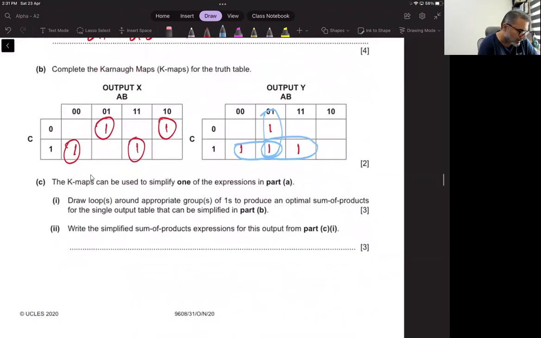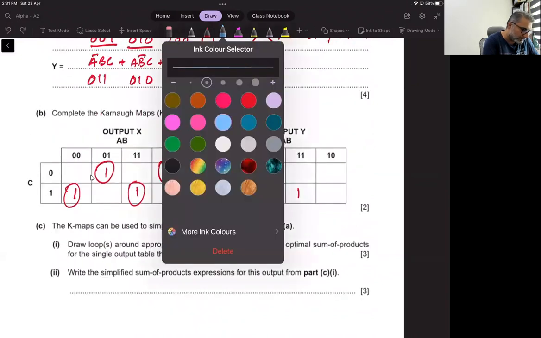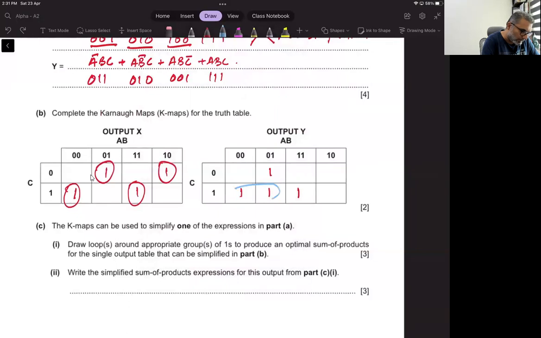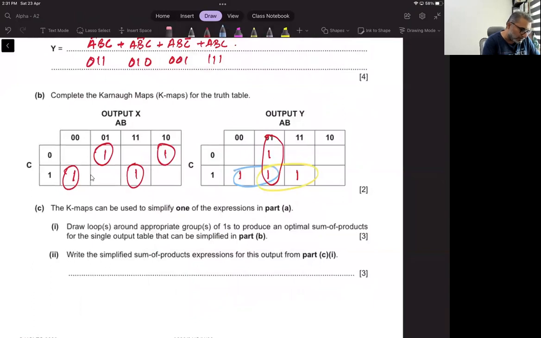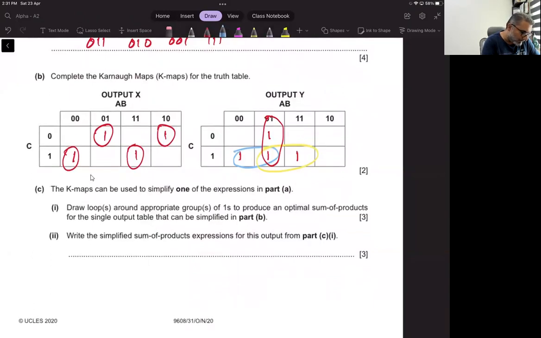So we have simplified it this way. Let me make three different colors. 1, 2, 3. Okay, so let's first do with the blue one, light blue one. A is same while B is changing, so we leave it. A is same while B is changing. All right.